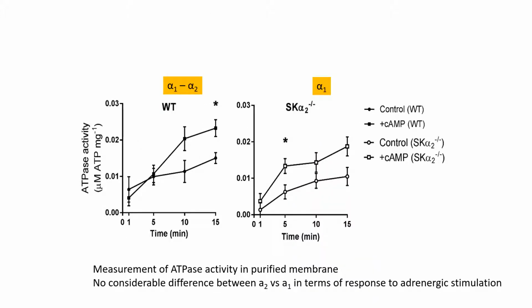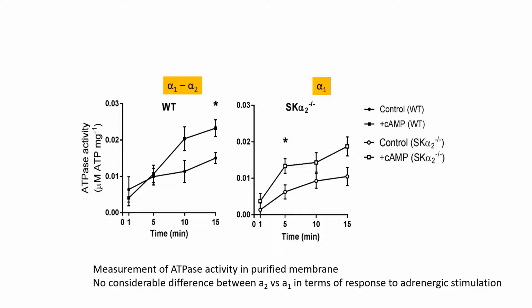But when I measured ATPase activity in purified membrane, I got a somehow contradictory result. Here, there is no considerable difference between alpha 2 versus alpha 1 in terms of response to adrenergic stimulation.